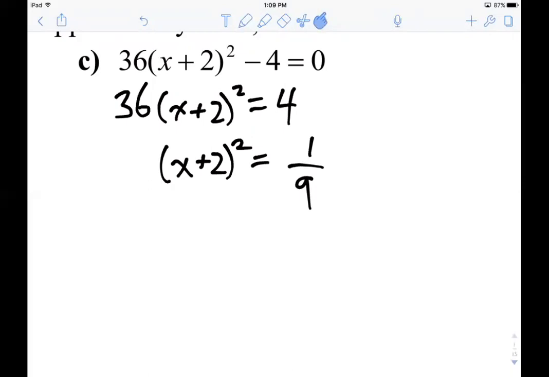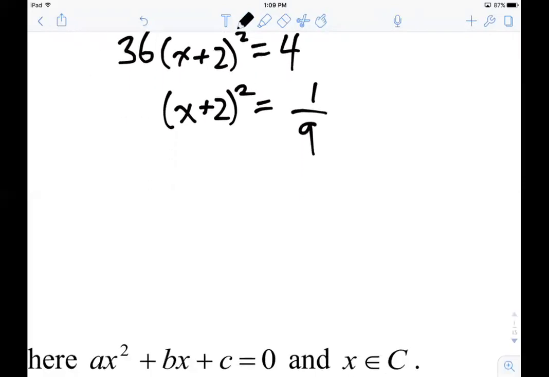So let's keep going from there. Now, I want to get my bracketed part all by itself. So if I want to get rid of the square that's on the outside of that bracket, I just square root on the left side. When I do that, I'm just left with x plus 2. But of course, I have to square root on the right side as well. Well, that's going to give me plus or minus the square root of 1/9, which is really just 1/3.